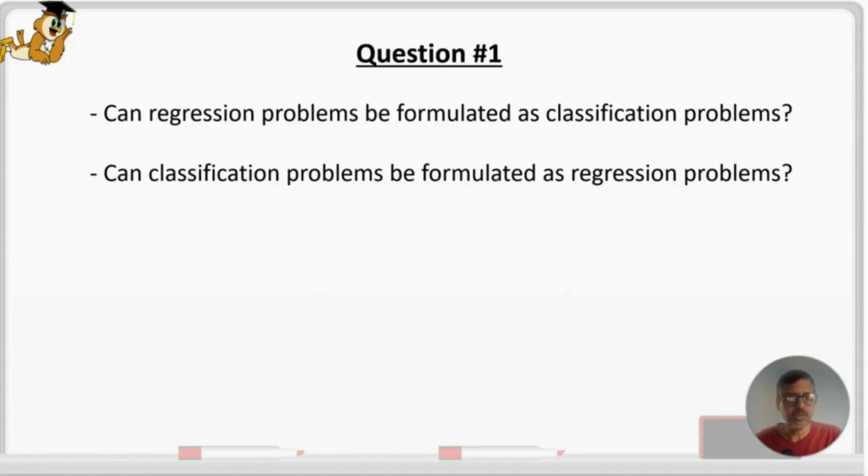Okay. Now, the first thing, can regression problems be formulated as classification problems? The answer is no, because as I said earlier, you would need a very large number of buckets or categories. Of course, depending upon what accuracies you're looking for, and the dynamic range of the dependent variables.